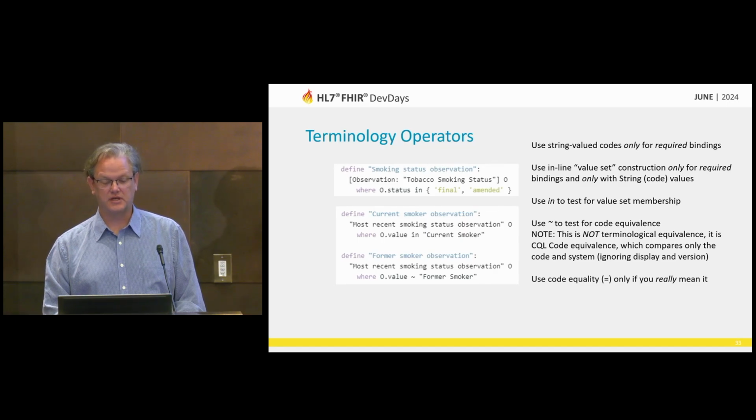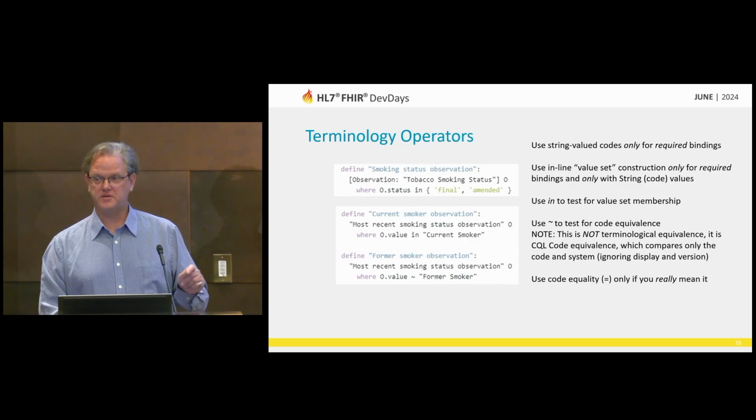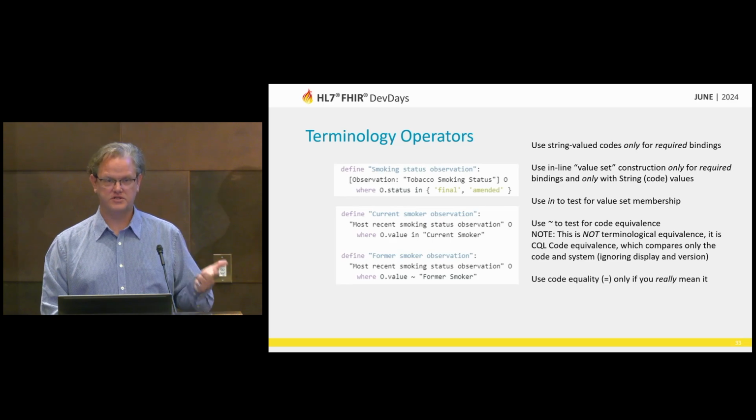So this tilde operator is the equivalent. And so if you want to test for a value being equivalent to a code, you use that tilde. If you really, really mean, is this the same code and the same version and it has the same display, you can use the equal operator. But in general, for terminology equivalence and comparison, use the equivalent operator.